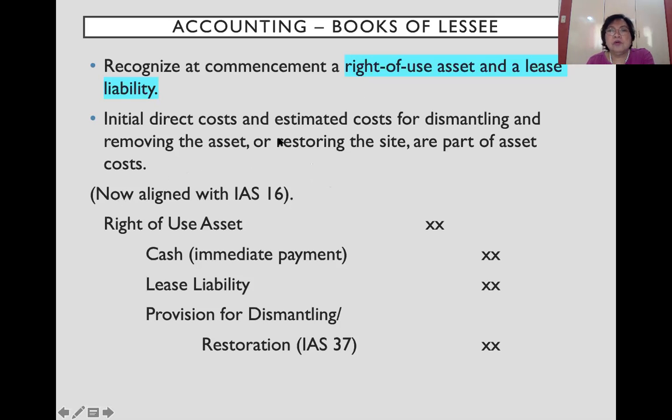So they are now all aligned. So IFRS 16 and IAS 16 are now aligned.